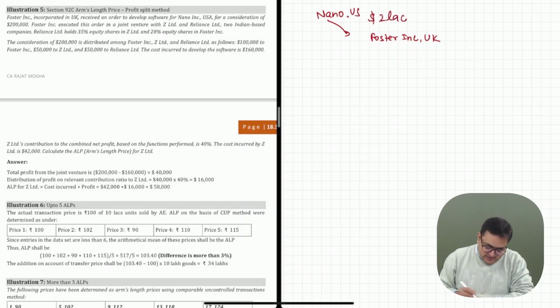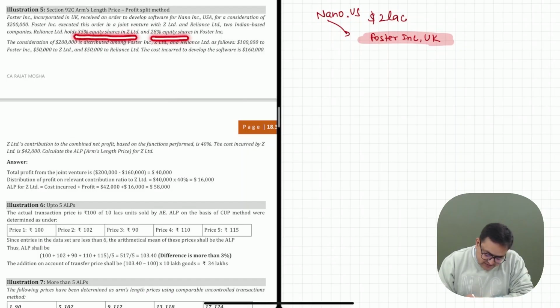Now, for a consideration of $2 lakh, Foster Incorporation executed this order in a joint venture with Z Limited and Reliance Limited, two Indian based companies. So Foster Limited has carried out this transaction in a joint venture. Reliance Limited holds 35% shares in Z Limited and 28% in Foster Limited.